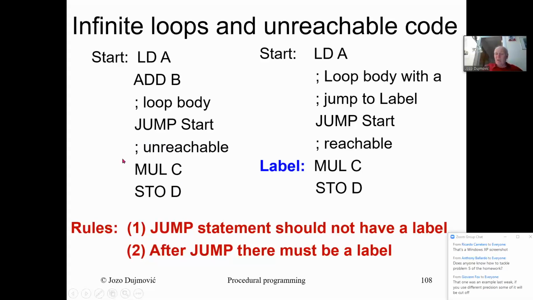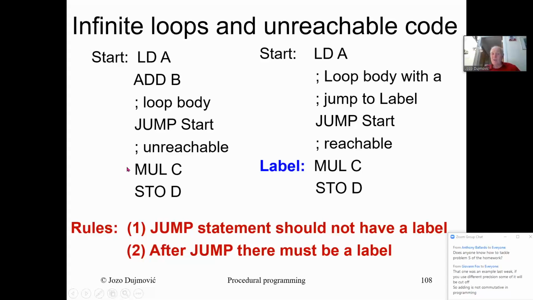You can have it in assembly language programs when people modify the program and have unreachable code that remains inside, because there is no way how to come here, because before that is a jump statement. So the rule that is general rule in programming, after jump, there must be a label.